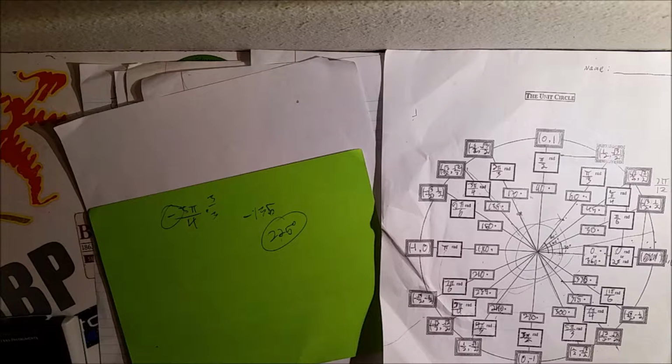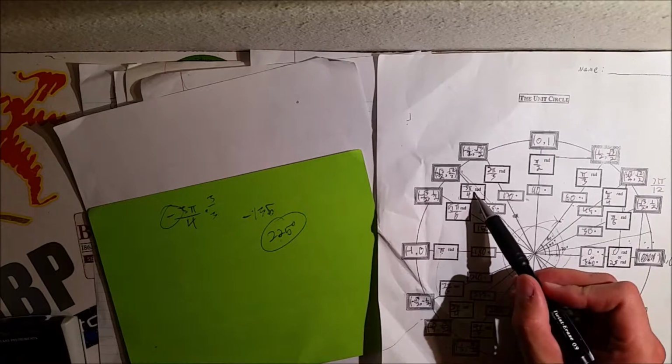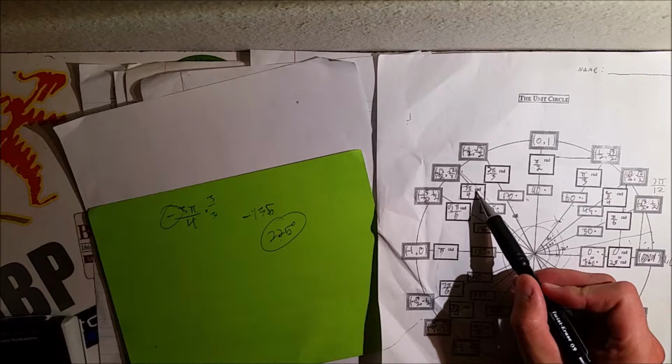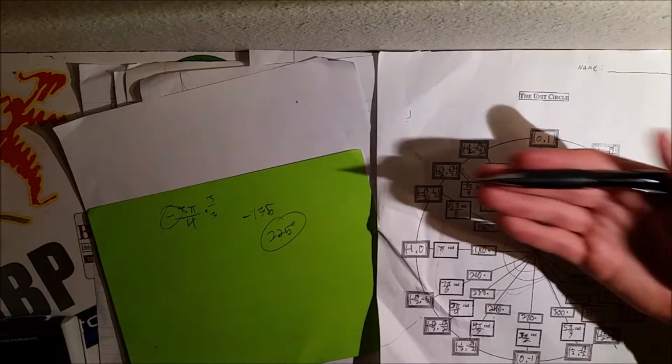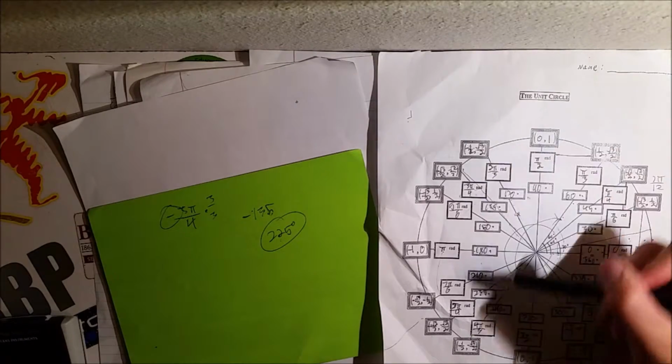So finding the coterminal angle, firstly we have to find what the exact value is. If we have 3 pi over 4, you can see that 3 pi over 4 is right here. And if you're going to find negative 3 pi over 4, all you have to do, like you did in the last problem, is flip it over and look right across.